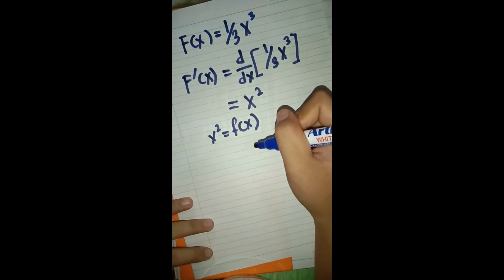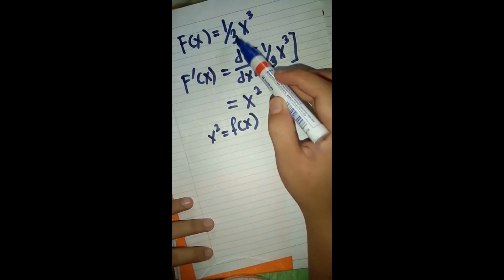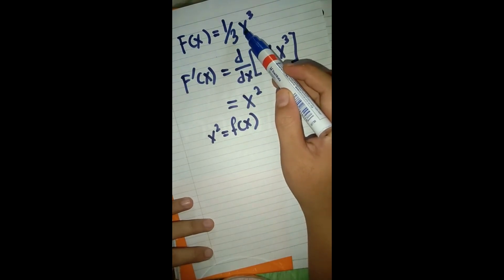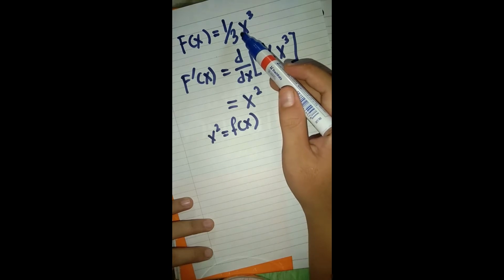However, F(x) equals 1 over 3 x cubed is not the only antiderivative of f on this interval.